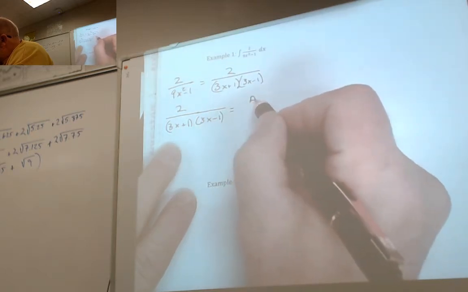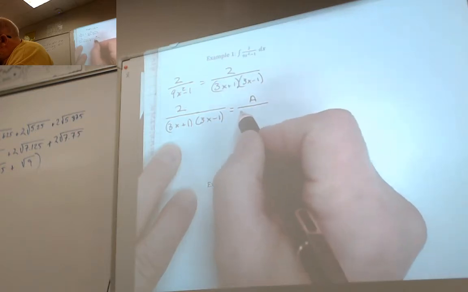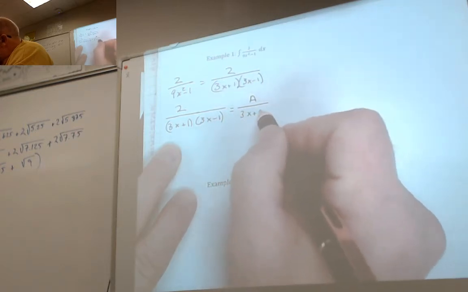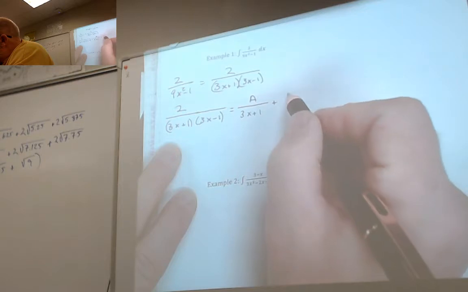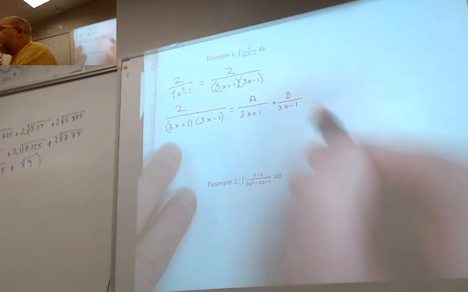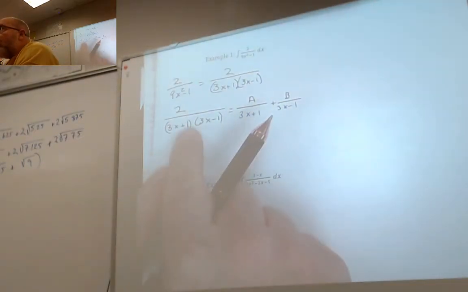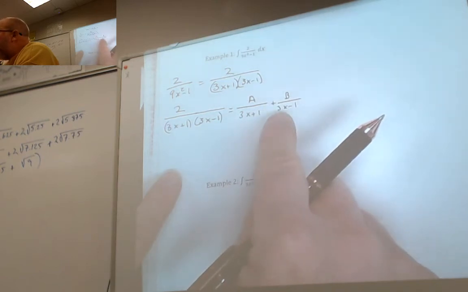I don't know a, I'm going to figure out a, but one of the denominators was 3x plus 1, and the other denominator was 3x minus 1. And this fraction, this rational expression, is the result of this.